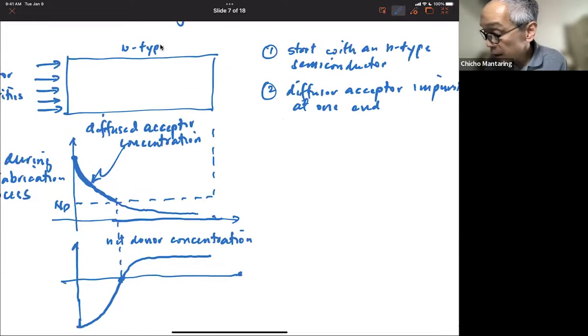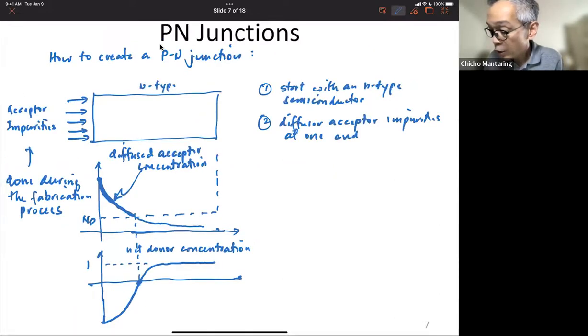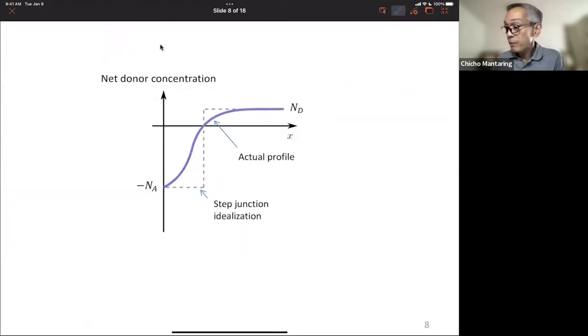So this is going to be ND, because here it becomes 0. Once it becomes 0, your concentration is going to be ND minus NA, where this is NA. The difference between my injected acceptor and my original is NA. So this is going to be minus NA. Okay, so I redo it here. This is minus NA and this is ND.